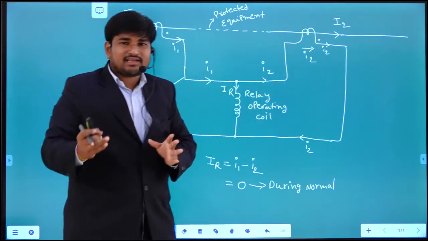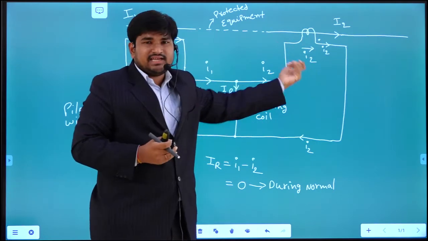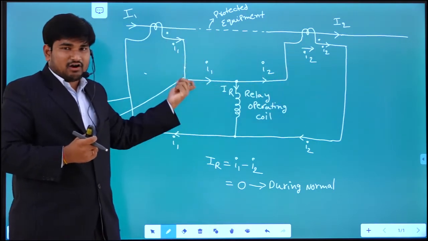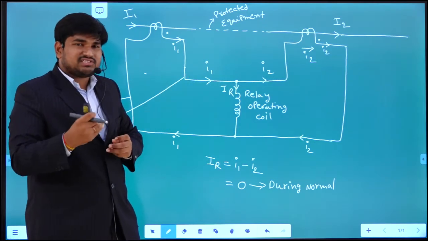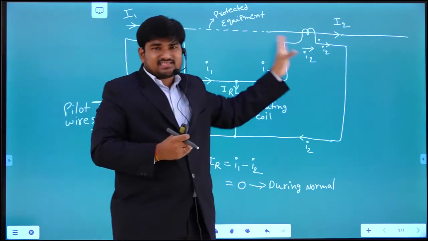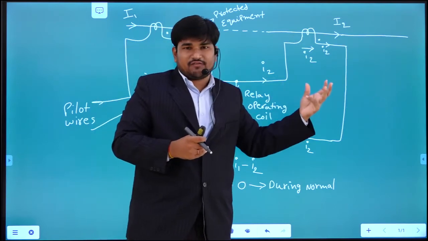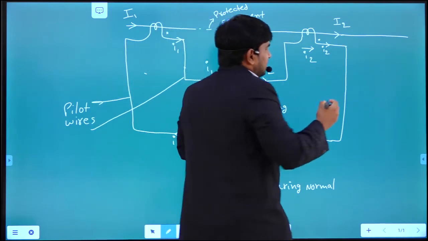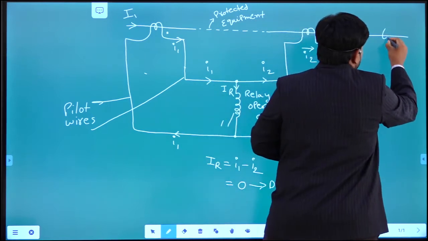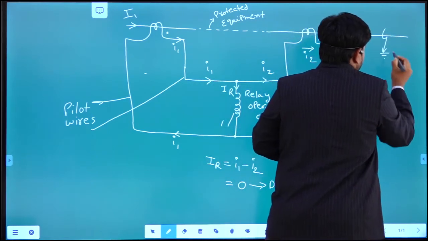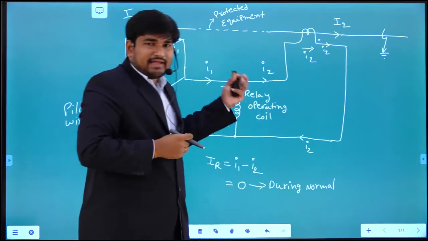If any fault occurs in between these two points, we call it an internal fault, and the faults which occur other than this region, we call them through faults or external faults. So in case 1, I will observe that an external fault has occurred.